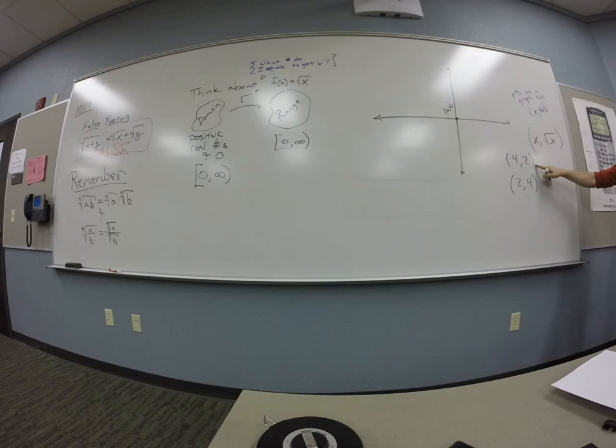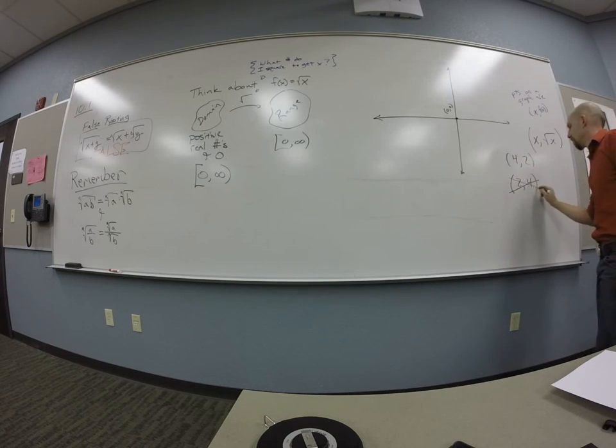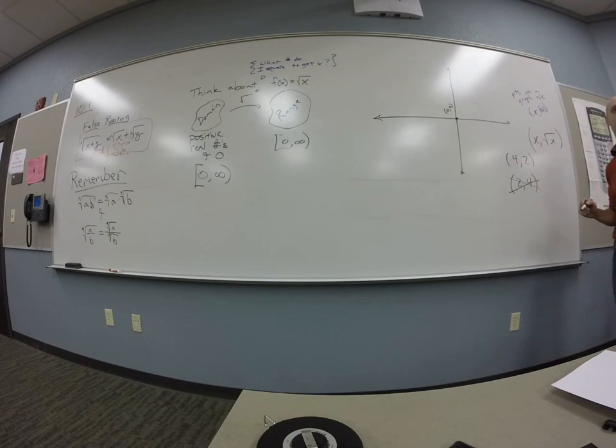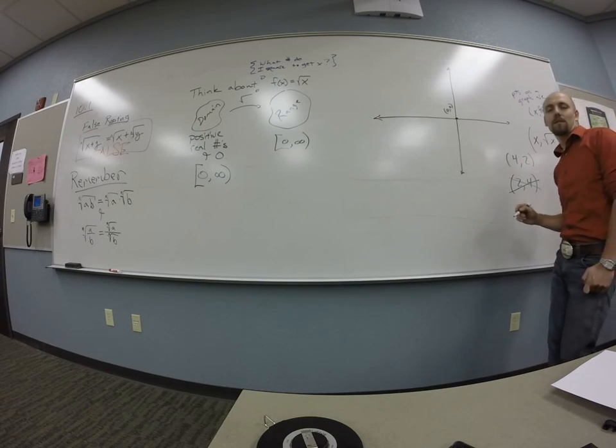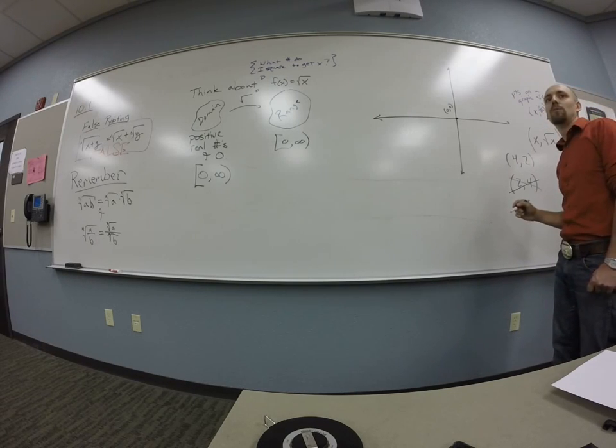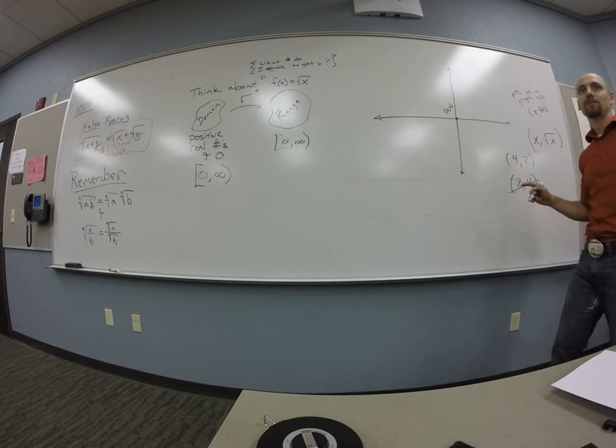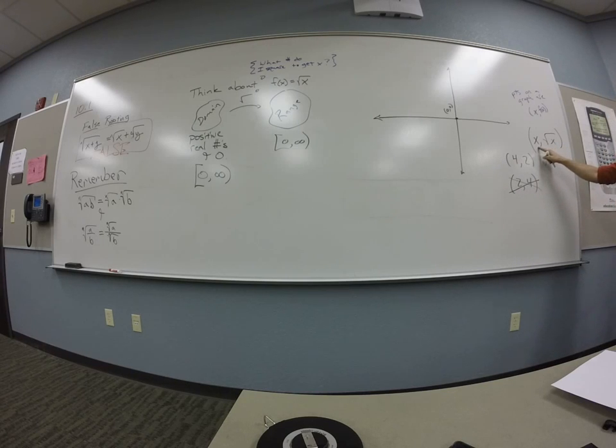You guys see that? Yeah, what's up, Sean? For the f of x, would you put 25 equals 5, or would you put 5 and 25? I would put 25 comma 5, right? Because I'm saying what goes in for the x, that's 25, comma, what's the square root of 25?